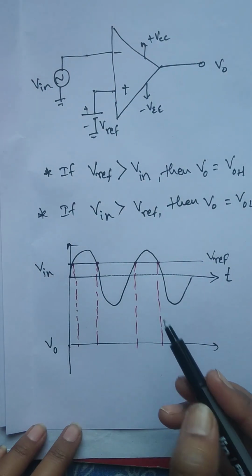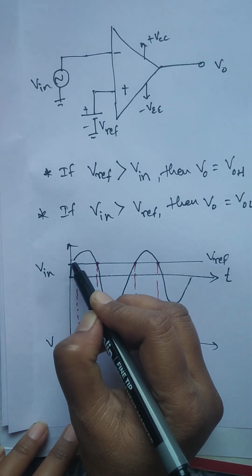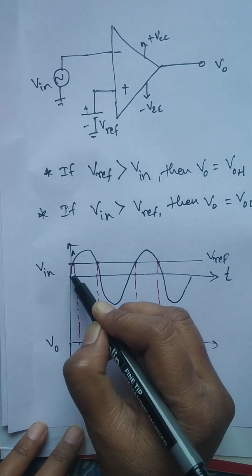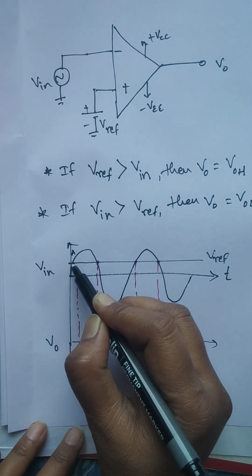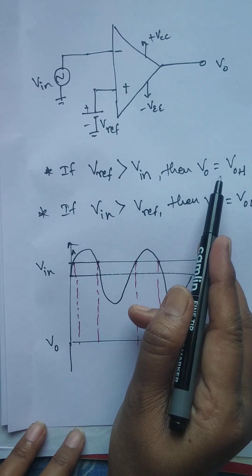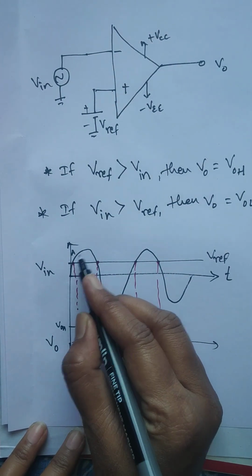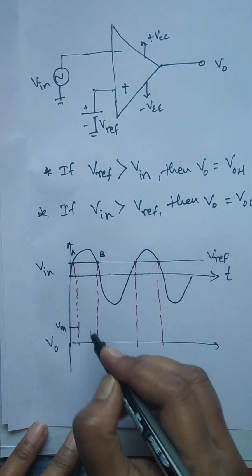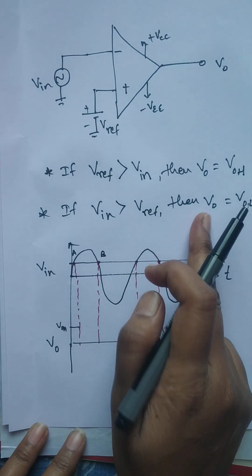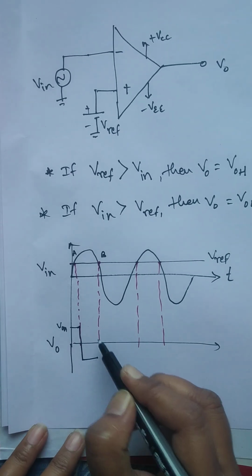My V output. Now you can see from 0 up to this point A, V reference is greater. So as V reference is greater, output is VOH. After point A to B, V in is greater, so it is VOL.